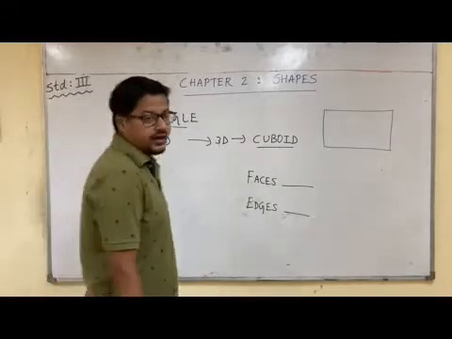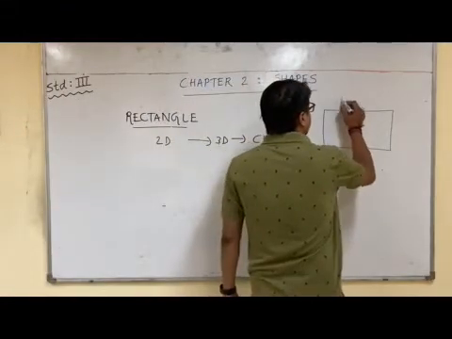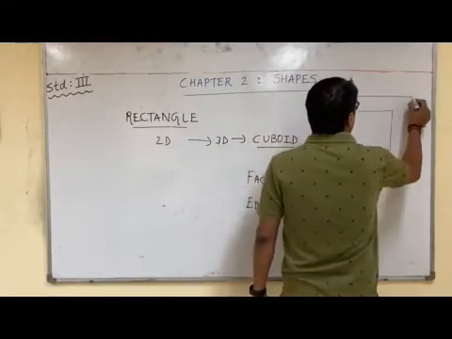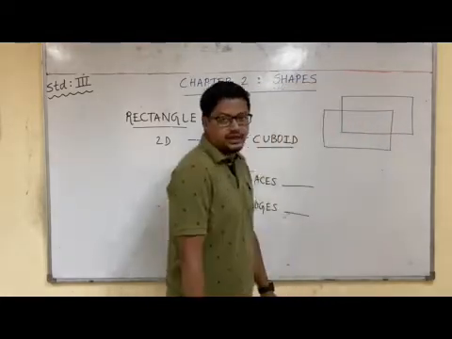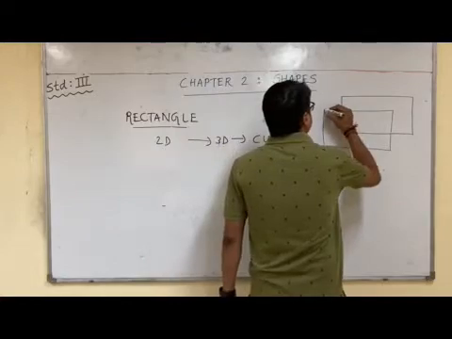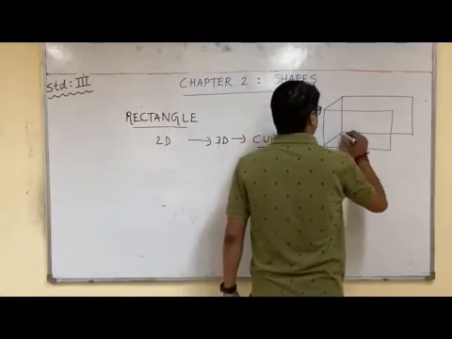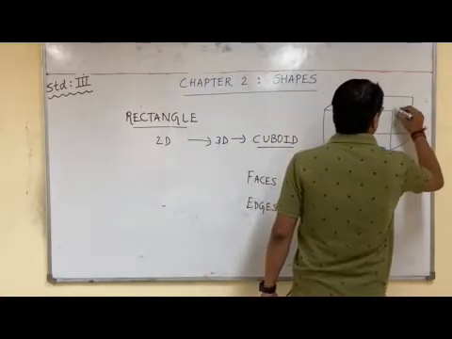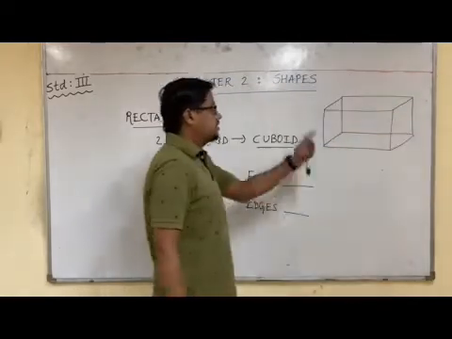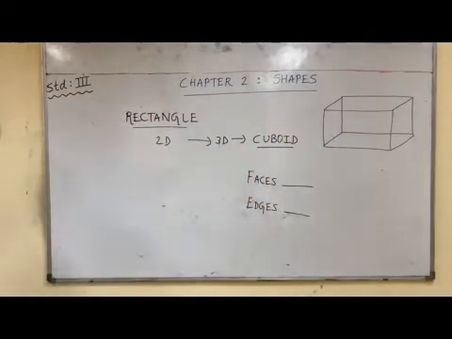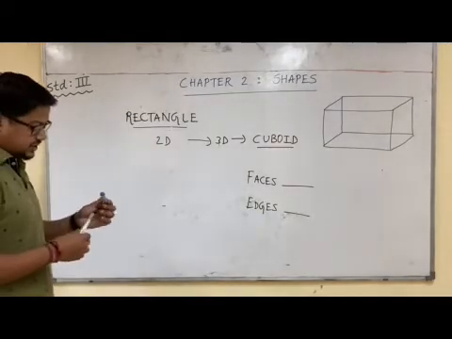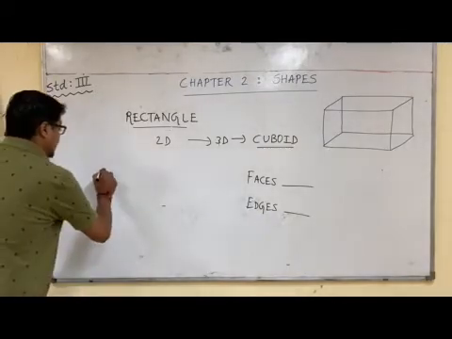I have drawn one rectangle. I will draw one more rectangle, back side, maybe of the same size. Done. I will join the lines. Correct? So this will be called what? This will be called a cuboid. Sir will draw once more for students here so that you are understanding.